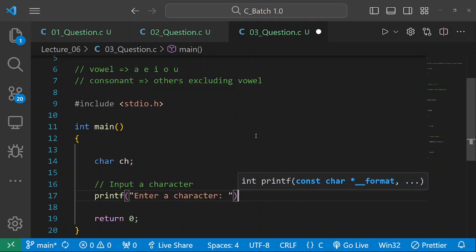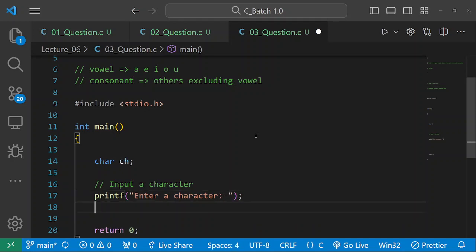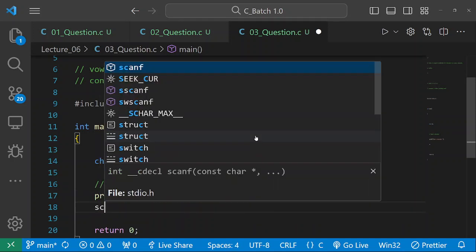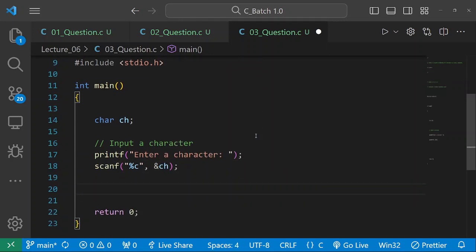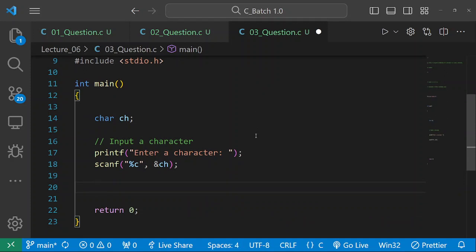Remember this point. This question will be asked a lot of times. Then scanf with ampersand ch. This was the simple part, everyone knows that. Now writing our code, that is check and output.